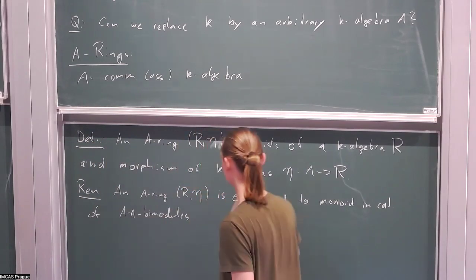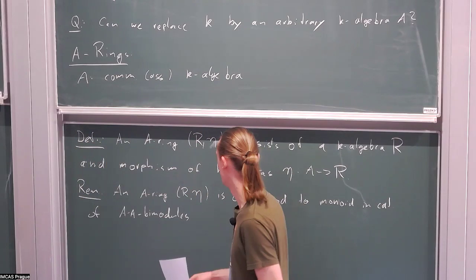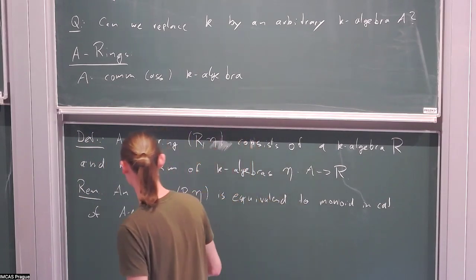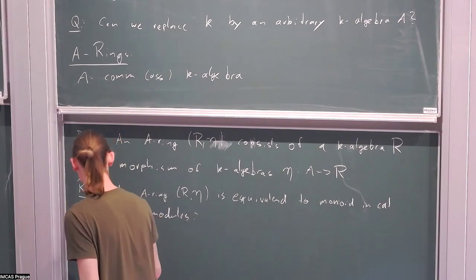So if you have an A ring, then we can define a bimodule structure on R as follows.